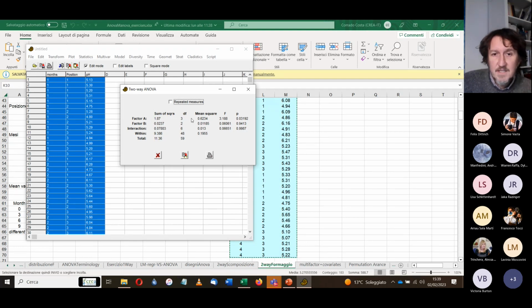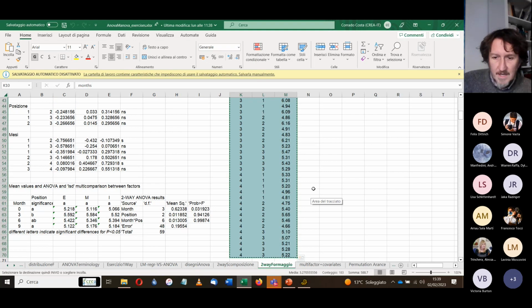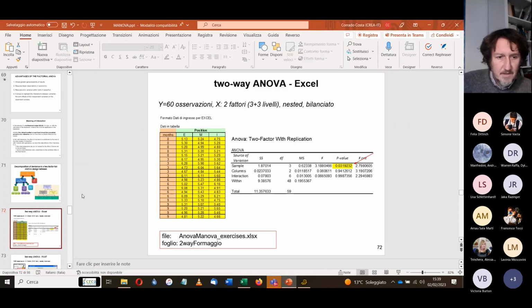With the maturation of the cheese, the pH changes significantly. This is the reply to the question that we did. Quite easy. Okay. So now we can go ahead.